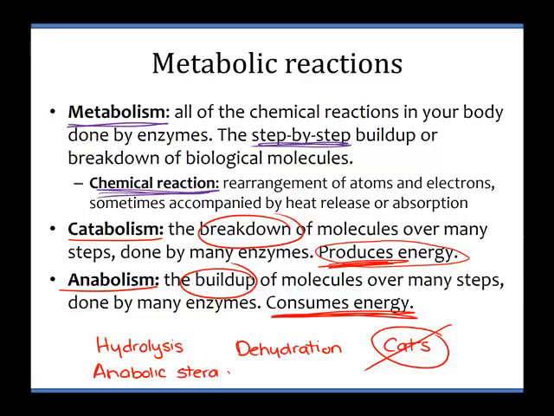Anabolic steroids are the ones that give you lots of muscles. They cause you to build muscles. Anabolic steroids actually, so here's how they actually work. They make you do gene expression more, so you produce more proteins in your muscle cells. So your muscle cells get packed full of protein and they bulk up. They actually get packed full of cytoskeleton protein. So not only do they bulk up, they also get stronger. So with anabolic steroids, you're building up your muscles. So anabolism is the buildup of molecules.